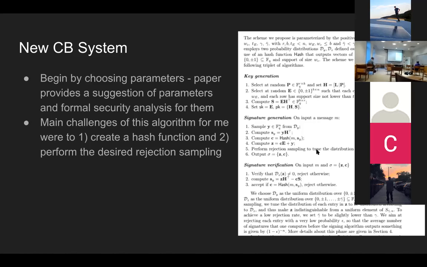Both the hashing part and the rejection sampling part made it a lot harder, especially because for the hashing part there's not really much, or any, existing literature on how to do this. They both took me a while, and I was finally able to get it pretty recently.